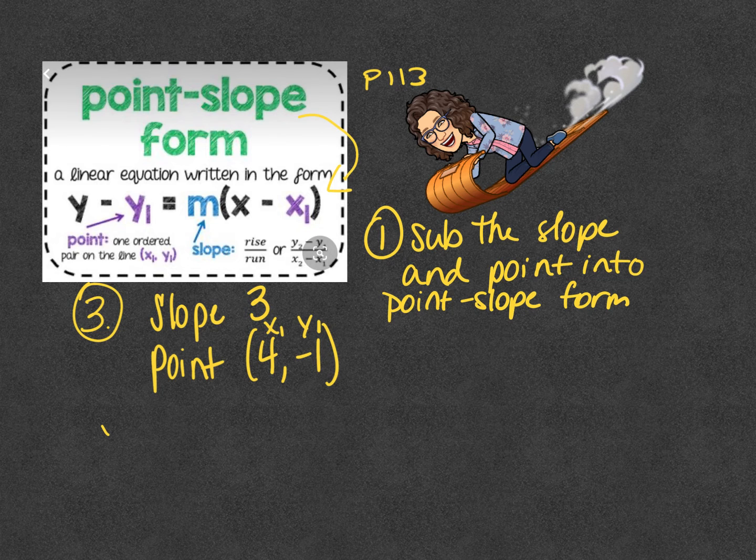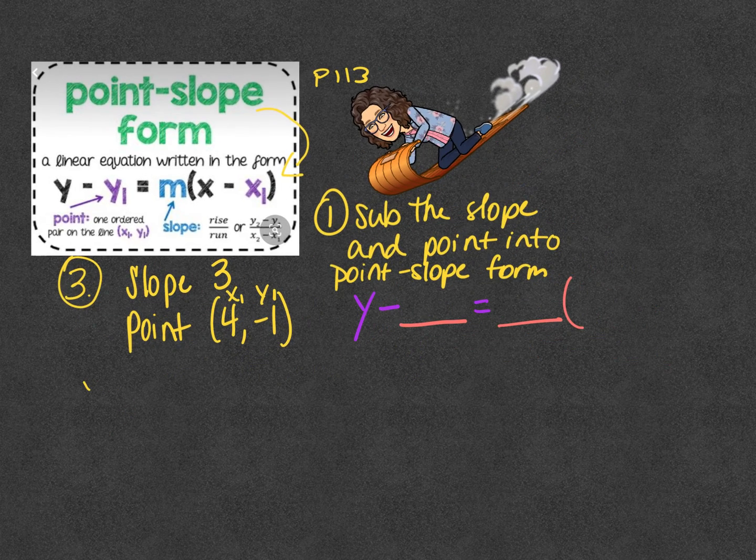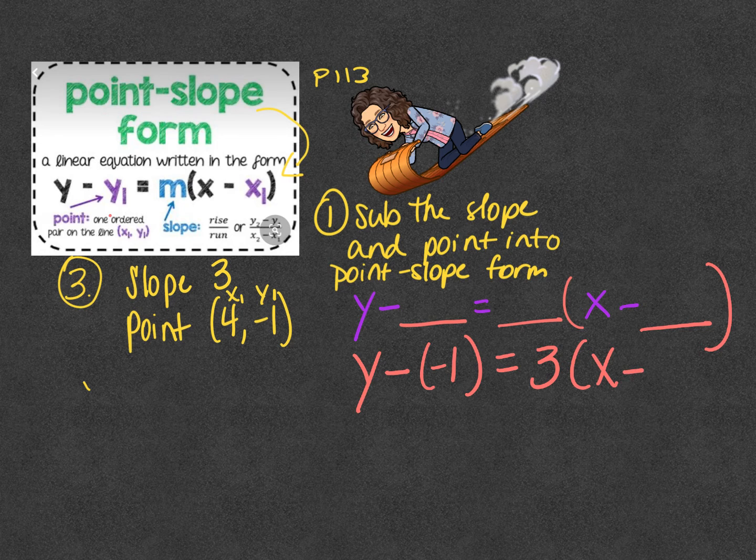So y minus our y1, which is -1, equals our slope, which is 3, times x minus x1, which is a positive 4, okay?